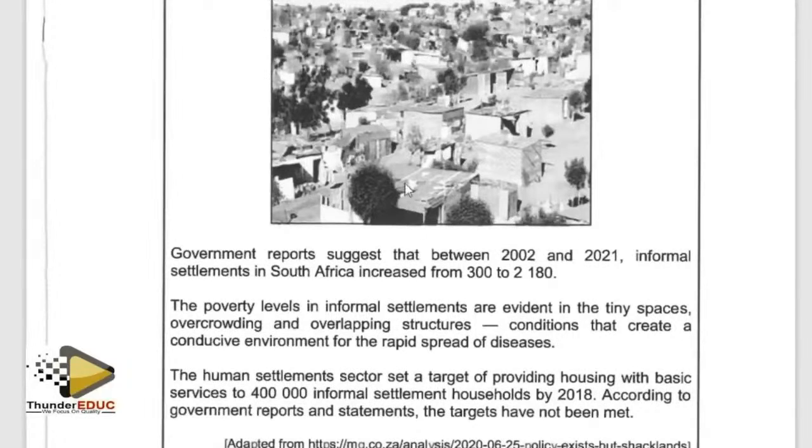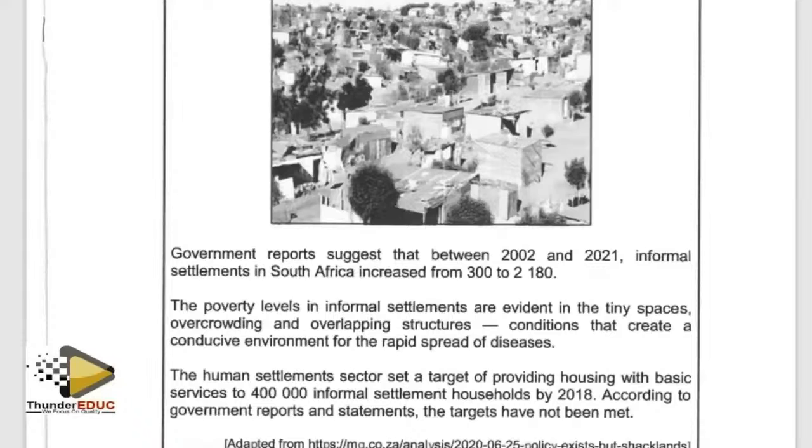Then you can see the materials used to build these houses are not high class materials. So we can say cheap materials are being used to build such houses. Okay, there is no well developed or well structured infrastructure.